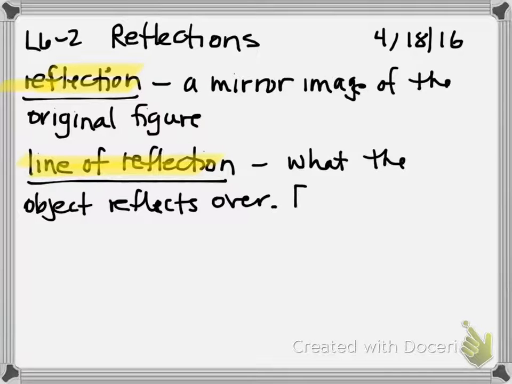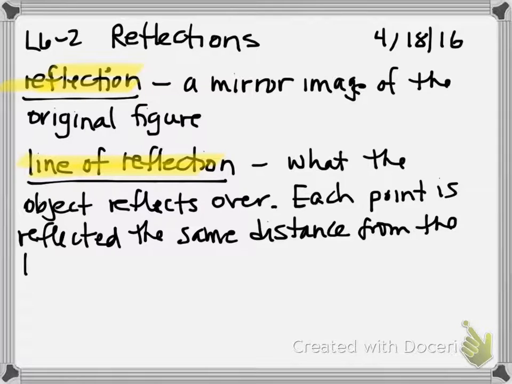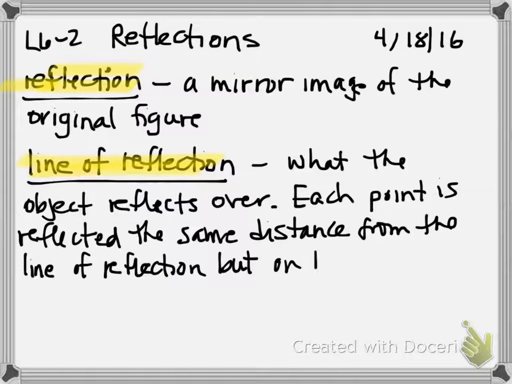So each point is reflected the same distance from the line of reflection but on the opposite side of it.